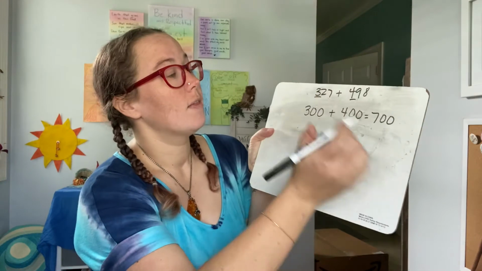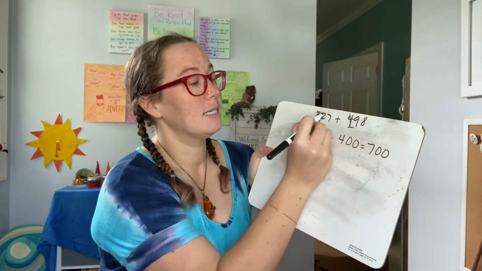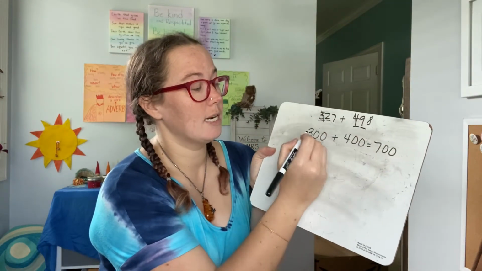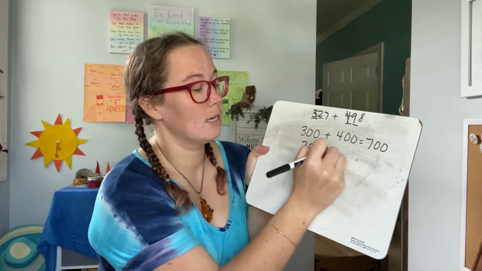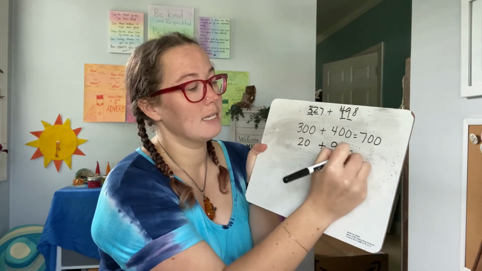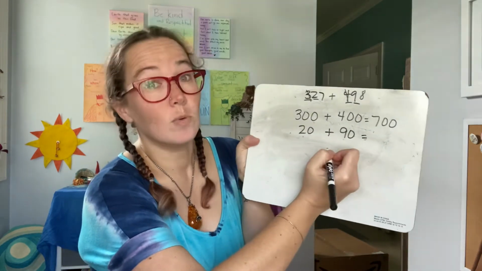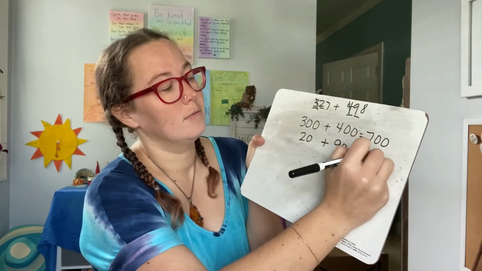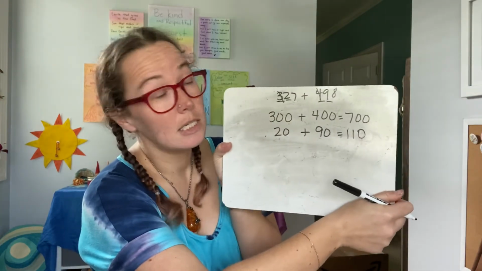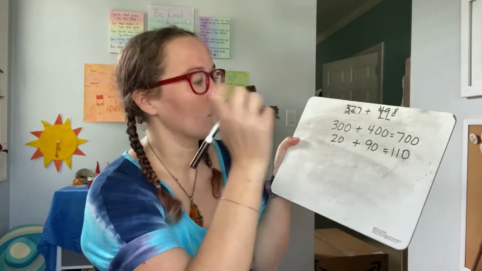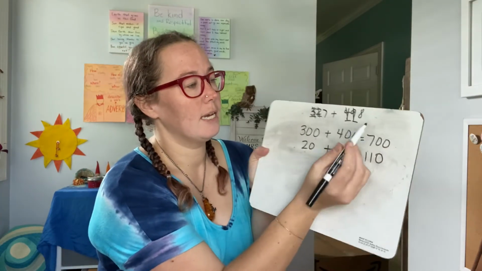Okay. Then I'm going to look at my tens. So I've got 2 tens here and 9 tens there. So 2 tens plus 9 tens is going to equal 11 tens, or 110.